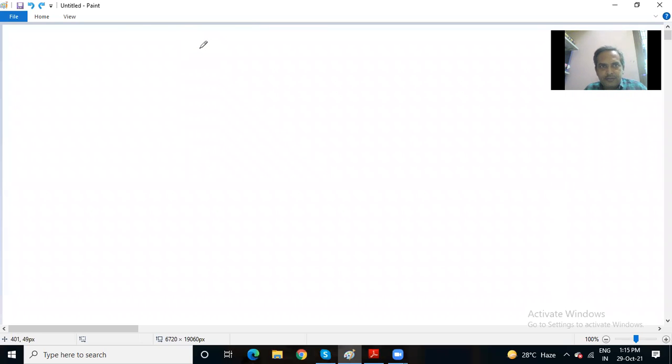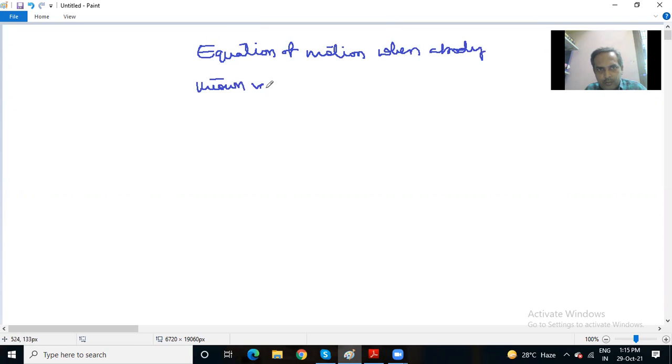So equations of motion when a body is thrown vertically upwards. For this, we once again use basic equations of motion. Let me first write the basic equations of motion.